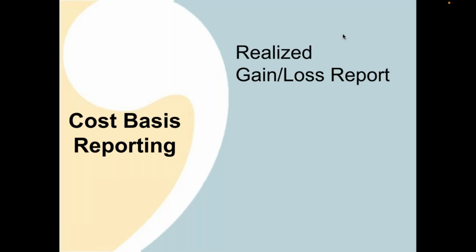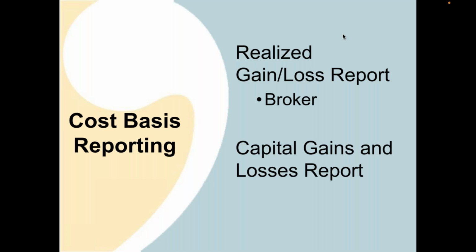You can get a report anytime during the year from your broker called a realized gain loss report. You can compare that to the capital gains and losses report in bivio. The information on both reports should agree.